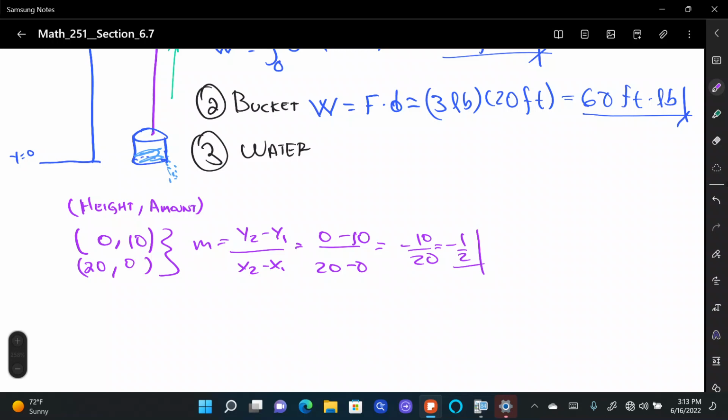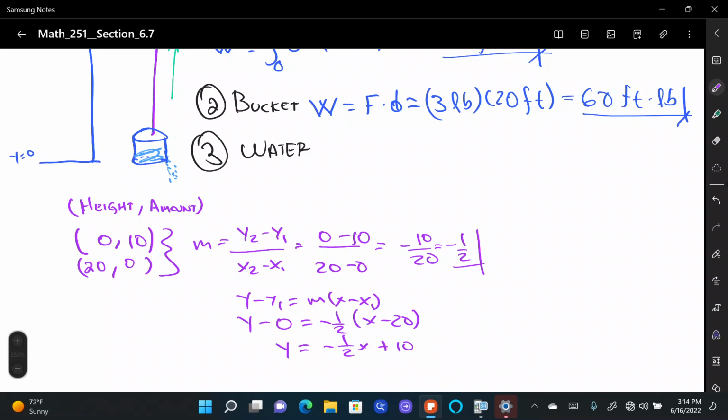I'm going to use the first point. So y minus y1 equals m times x minus x1. Actually, I'm going to use the second point instead. I think it's easier. y minus 0 equals m, which is negative 1/2, times x minus 20, which is y equals negative 1/2 x plus 10.